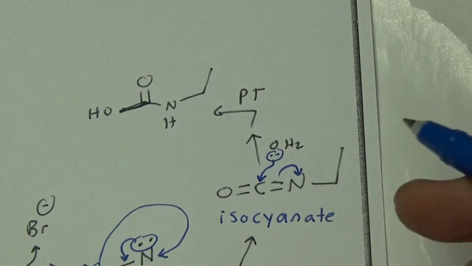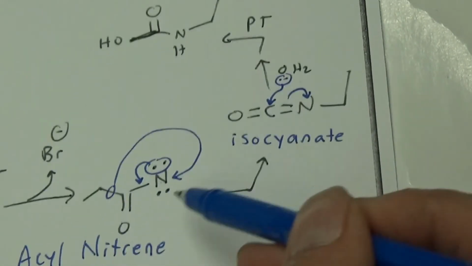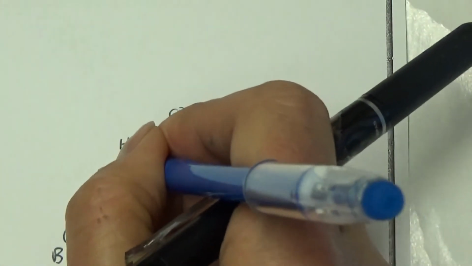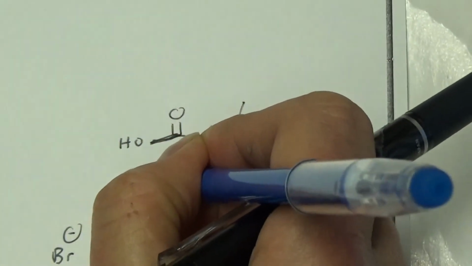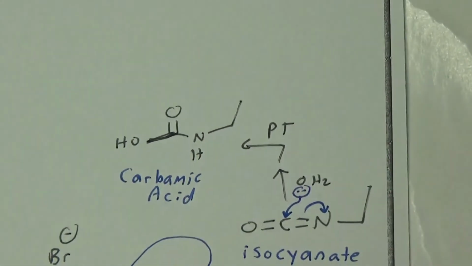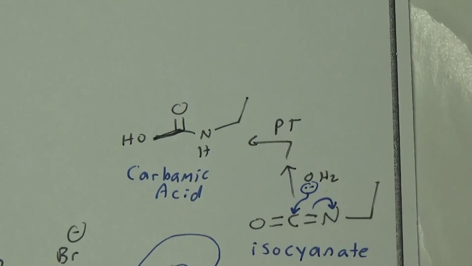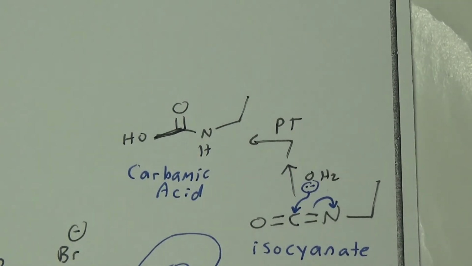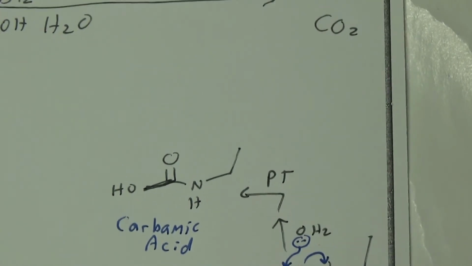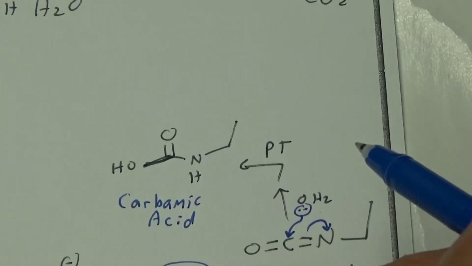Okay, this has its own funny name also. We went from nitrene to isocyanate. This thing's called a carbamic acid. Carbamic acid is the name of this thing. Okay, so we got the carbamic acid now, and we're very close to the product now.